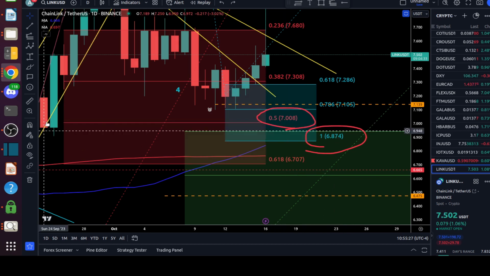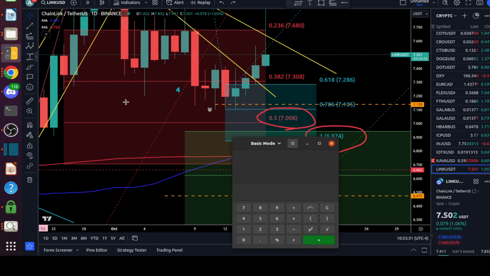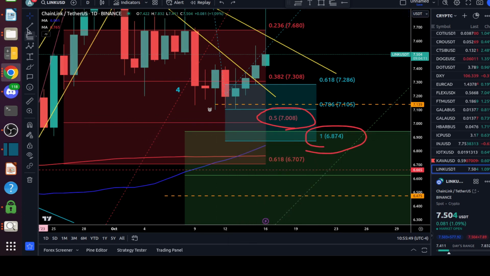So I'm going to take the 36 cents and add it to a calculation. We said the 0.5 fib retracement is 7. I take out the average of 36 cents volatility, and it gives me $6.64.